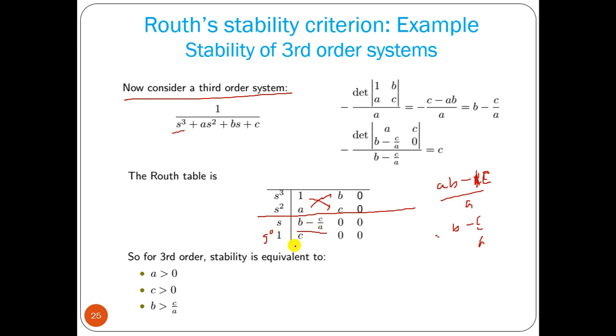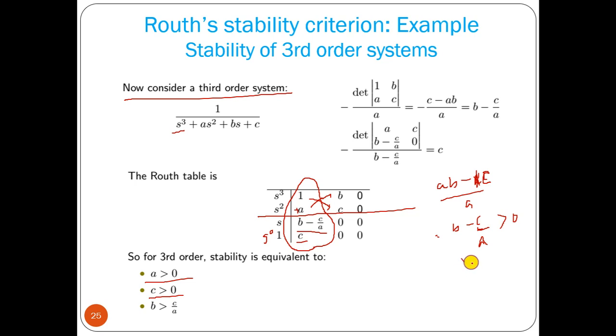Now to find out this value, this one into c minus 0 divided by this factor, it will be c. So now we have to look into this first column and find out the condition. What is the first condition? For this, a must be greater than 0, c must be greater than 0, and from here b minus c by a must be greater than 0.